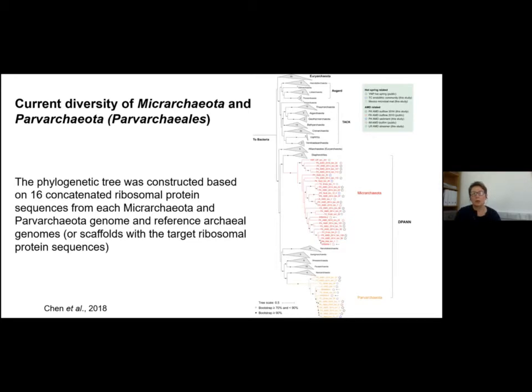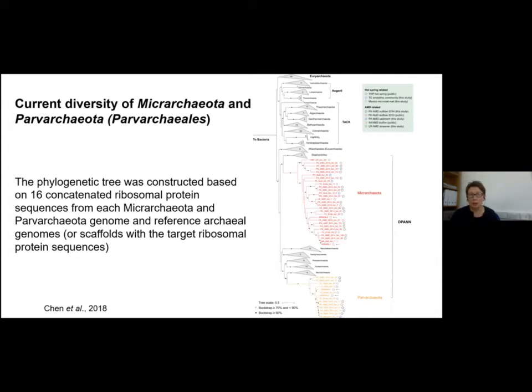Currently, we know that Micrarchaeota and Parvarchaeota are widely distributed in different acidic environments, including AMD environments and also geothermal environments. And you can see here that these groups can be divided into different families and different genera.